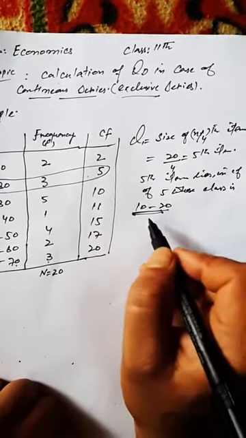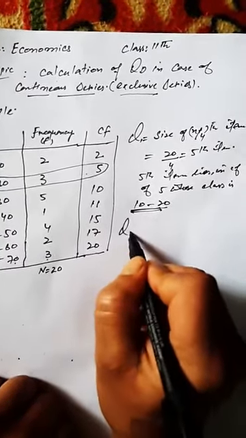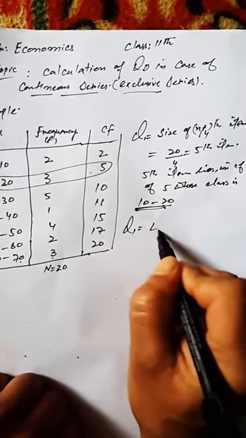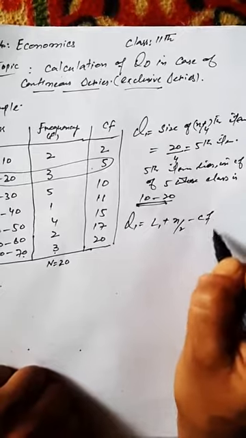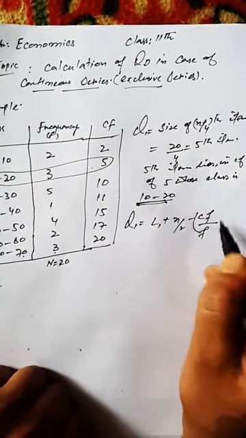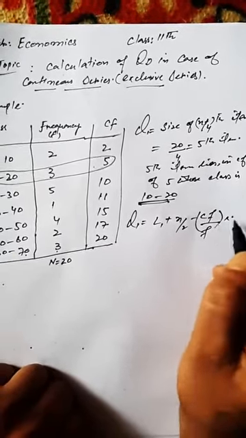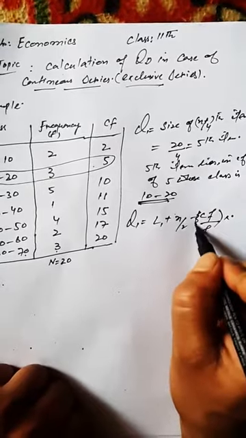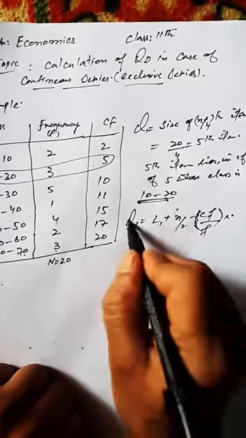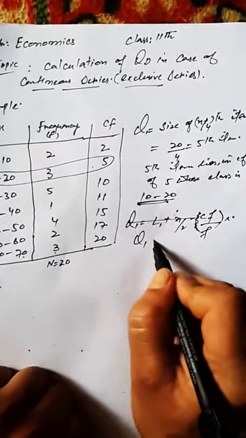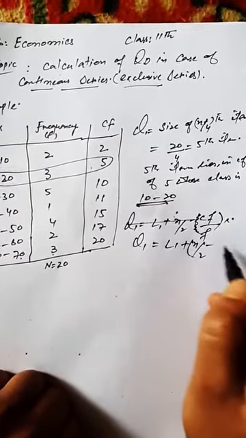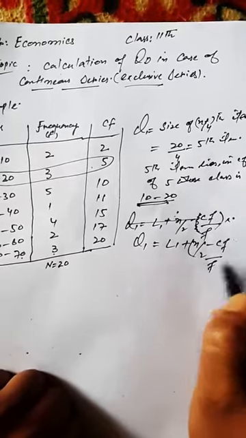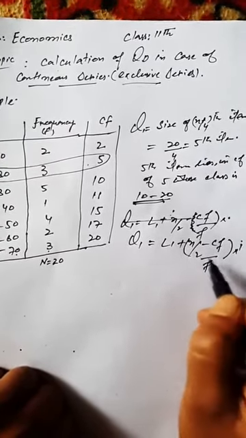In order to calculate Q1, the formula is Q1 equal to L1 plus n by 4 minus Cf divided by F into I. Sorry, it is n by 4, not n by 2.